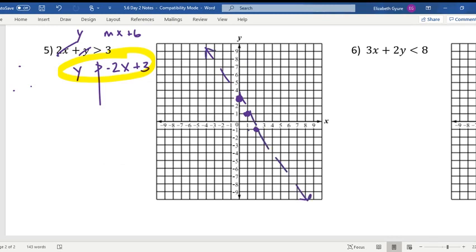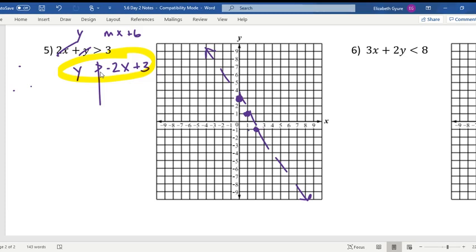And then we need to decide if we need to shade above or below. So this is a greater than. Greater than means, Bailey, what do you think? If it's greater than, do we want numbers that are more or less? I couldn't hear you, Bailey. Okay, we want, good.